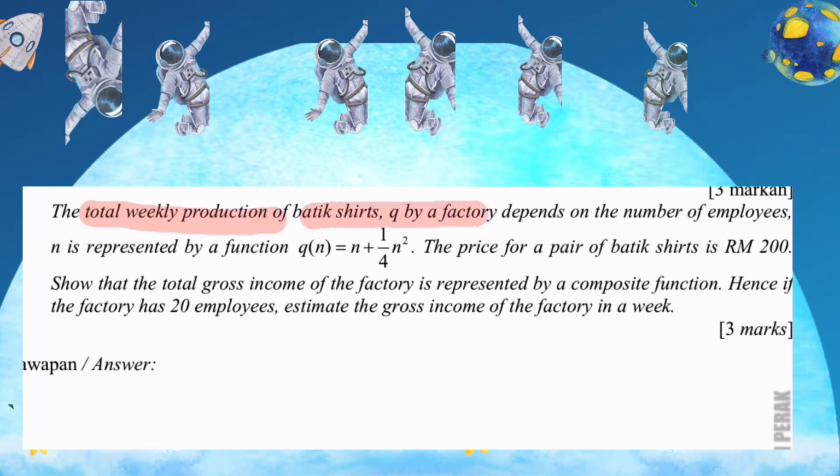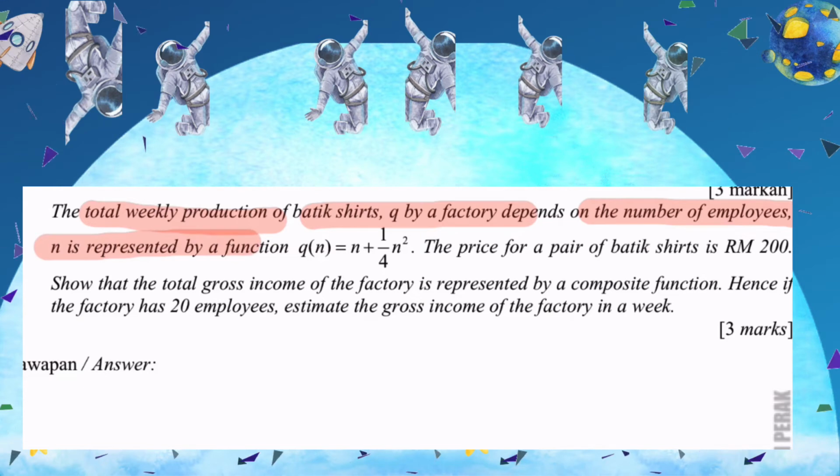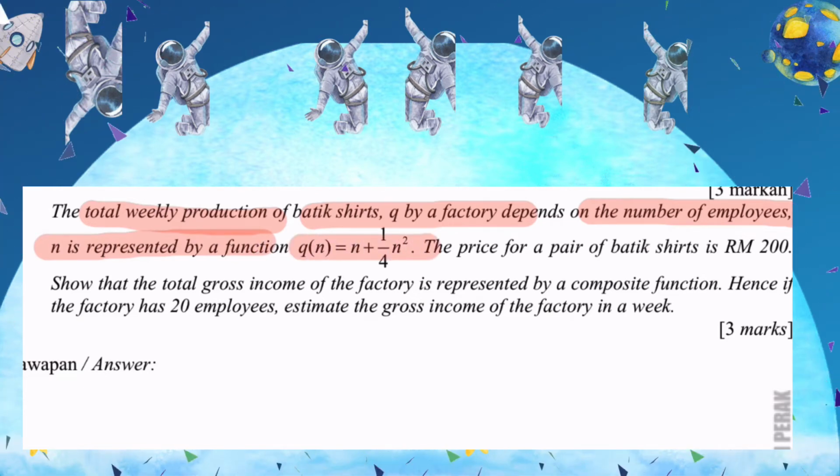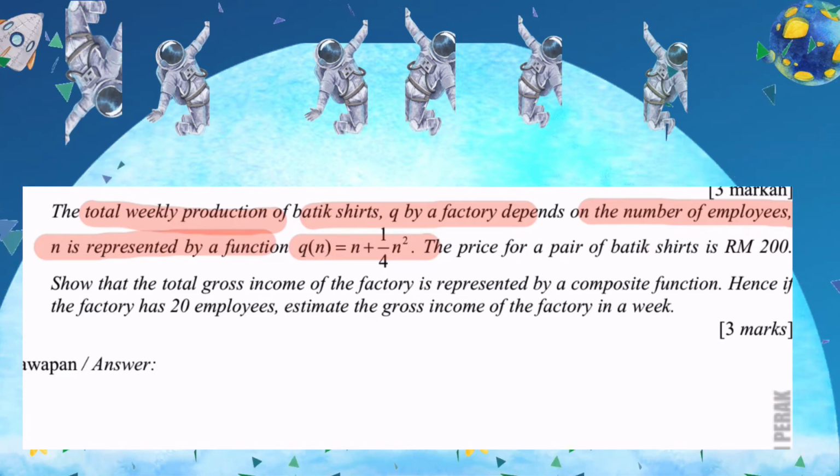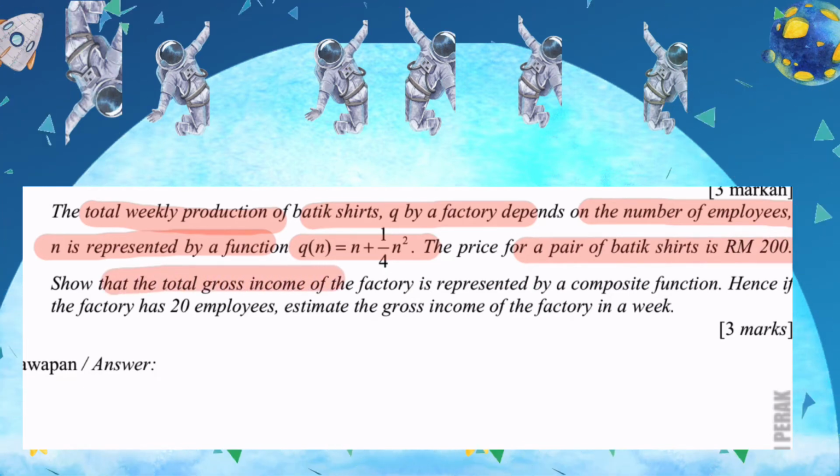The total weekly production of batik shirts Q by a factory depends on the number of employees n, represented by a function Q(n) is equal to n plus 1 over 4 n squared. The price for a pair of batik shirt is 200.